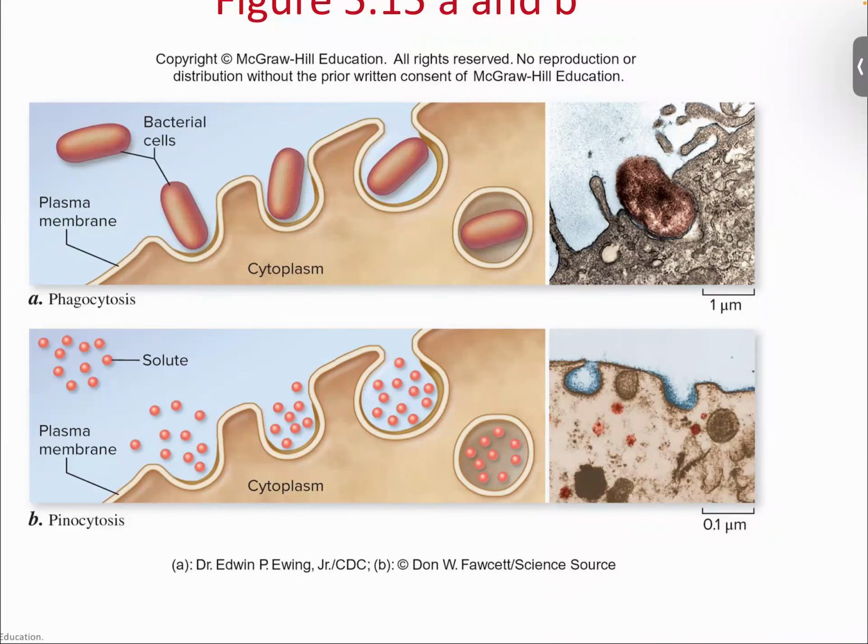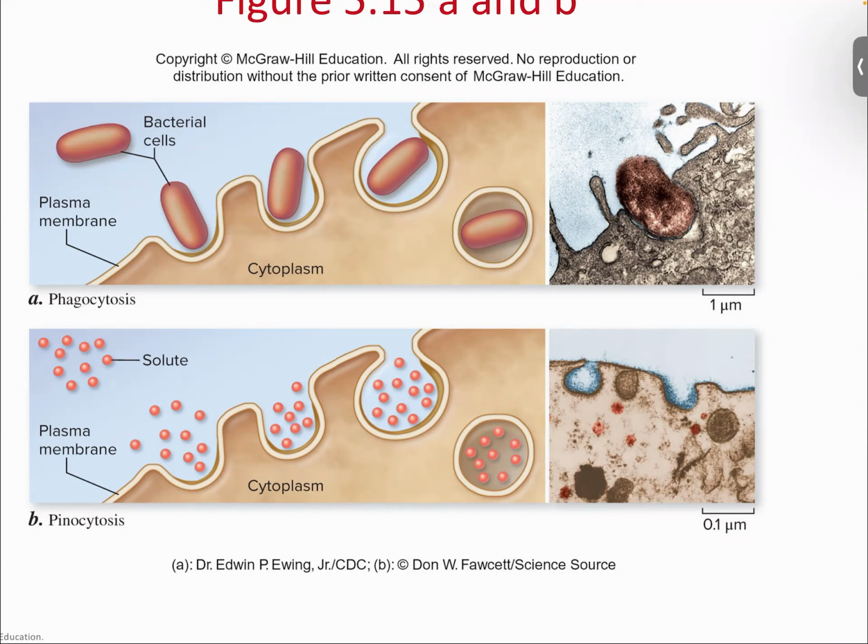In pinocytosis, you have the same situation, only in this case, instead of taking in a large particle, like a bacterium or something like that, you're taking little sips of your extracellular matrix.